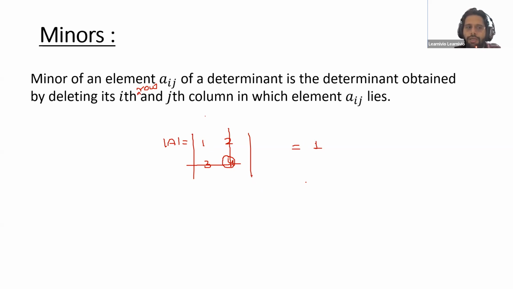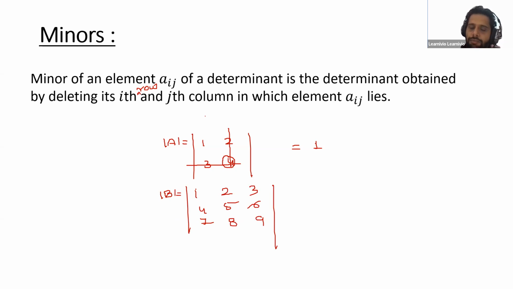If you need to find the minor of an element, then please from the determinant, remove that row and column to which that element belongs. We will take one more example. Suppose we have a determinant B, which is equal to 1, 2, 3, 4, 5, 6, 7, 8, 9.